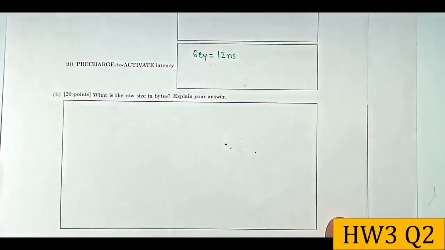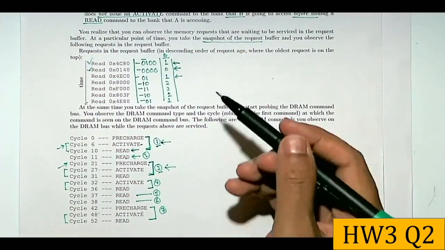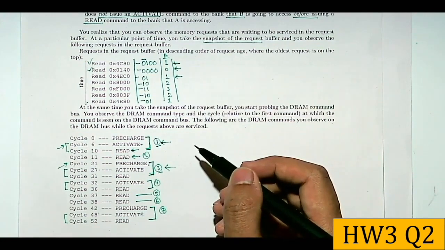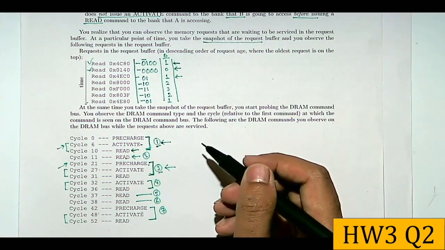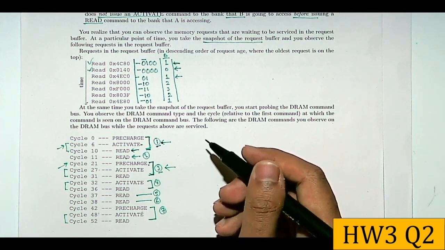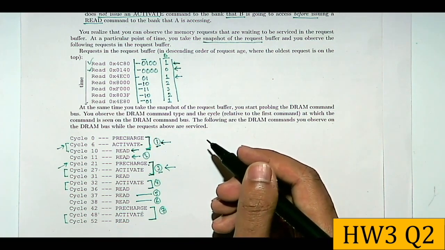Okay. Now, a little bit trickier question. What is the row size in bytes? And explain your answer. To approach this question, you should first think that a row buffer hit would give you an idea how big the row buffer is, and a row buffer miss will also give you an idea how big your row buffer is. So the first approach would be to figure out which accesses are going to the same bank.